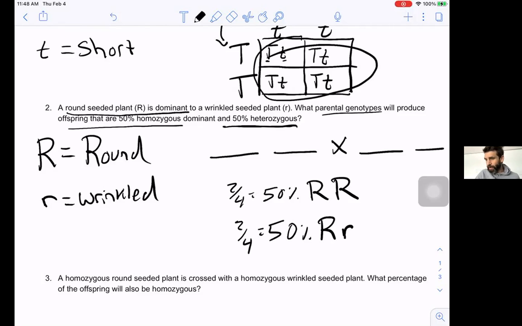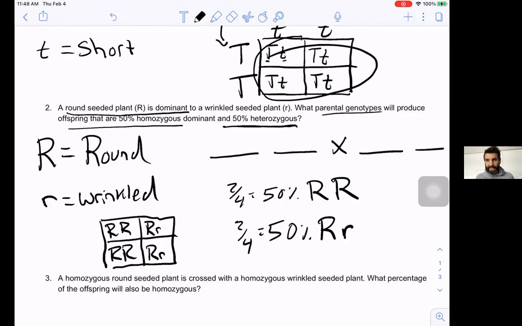Okay, so our Punnett square is going to look something like this. How do we get this distribution?